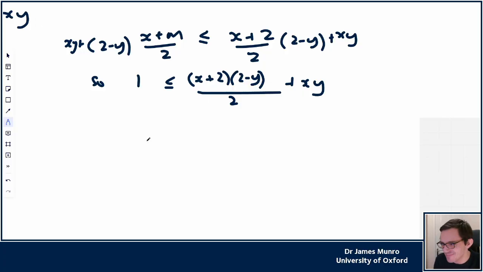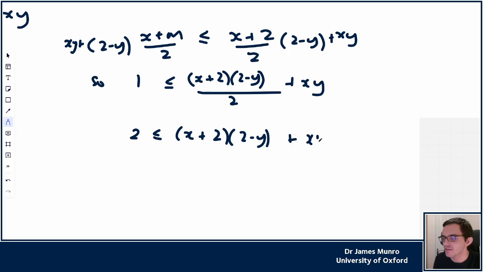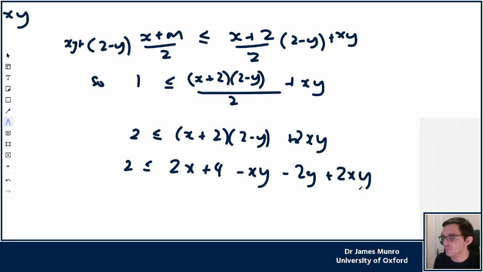Okay, algebra. Let's multiply up by 2 and deal with all of these terms inside brackets. There's a 2 in here as well. So what can I see? I can see a 2x, a 4, a minus xy. That's not too bad. A minus 2y and a 2xy. So that's going to remove one of these xy's.